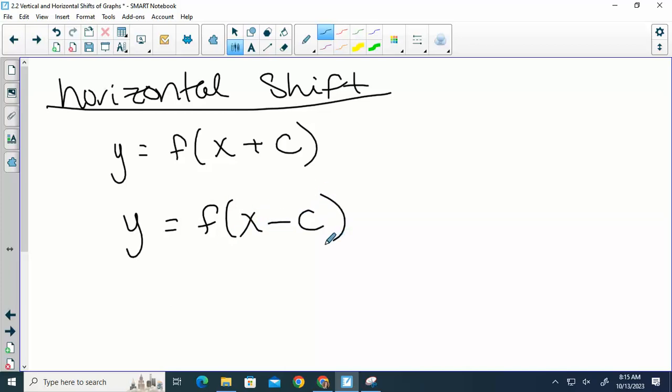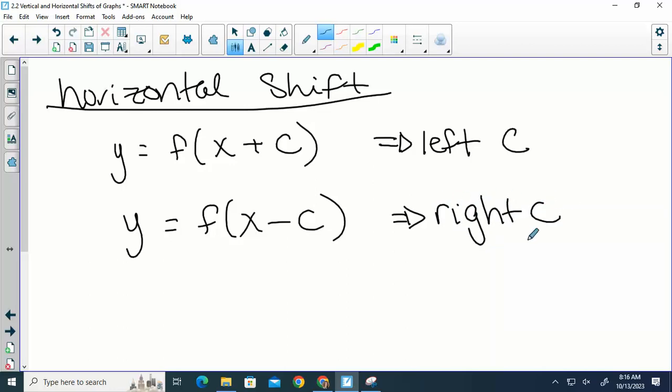Inside is x and it does the opposite. So adding a number actually moves it in the negative direction. So it would end up going left. Subtracting a number moves it in the positive direction. So it would go right. So y is the outside, does what it says. X is the inside, it's the opposite of what it says.